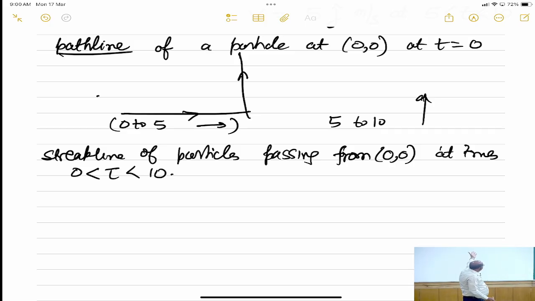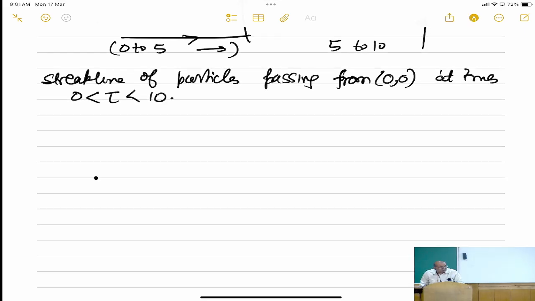The particles pass 0, 0 at times tau from 0 to 10. Now, to draw the streak line physically, I'm not using the equations here. First, you look at the particle which was at 0, 0 at time t equal to 0. Where will this particle be at time t equal to 10? For the first 5 seconds it will move straight and then it will go up.